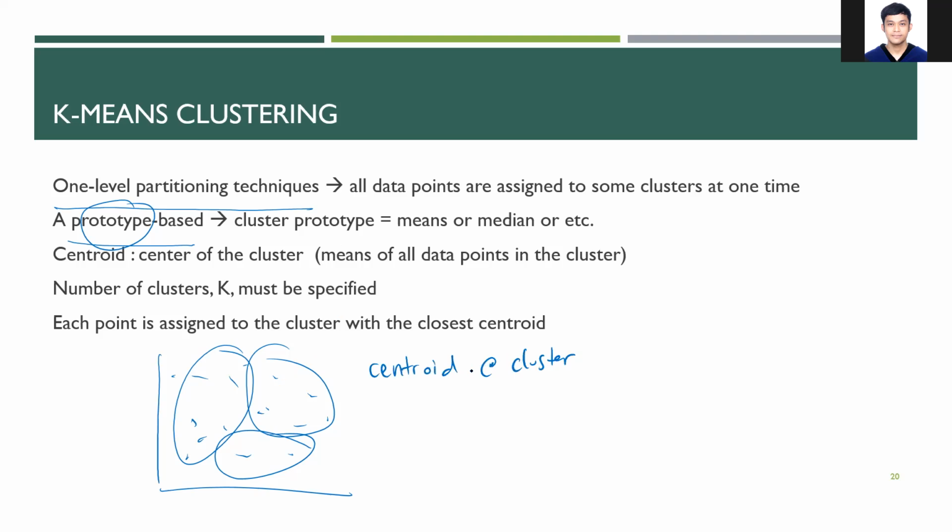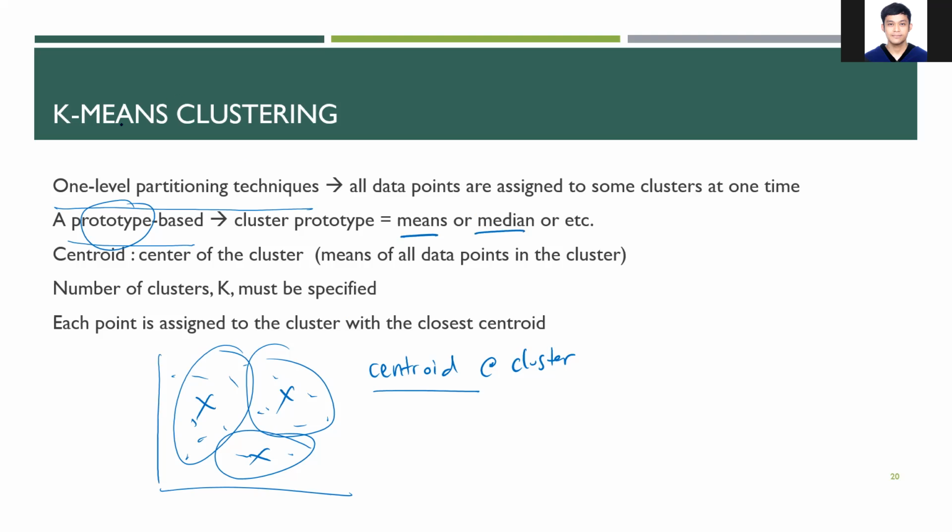So here, this is the prototype-based idea: in the k-means algorithm, we can identify where the centroid is, for example here. Don't forget, the centroid can be the average, mean, or median of the data in that cluster.